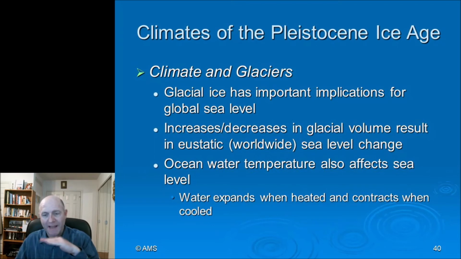It contracts the most down to about 39, 38 degrees Fahrenheit. Then it actually starts to expand as the lattice structure begins to form, as with ice, because ice is actually less dense than water. It's one of the few substances in the universe that as a solid is less dense than liquid because of the lattice structure of the molecules. That's another story. But in general, water expands when heated once you start getting past about 4 or 5 degrees Celsius.